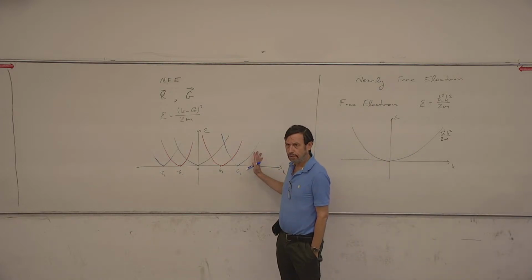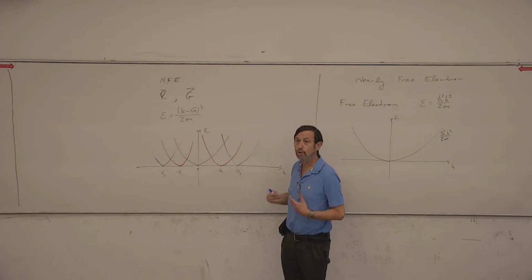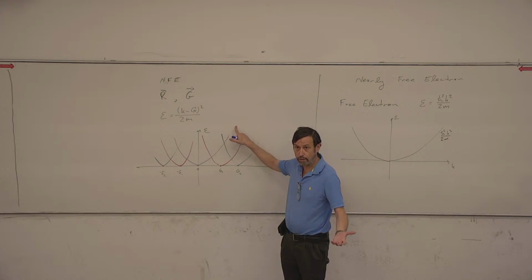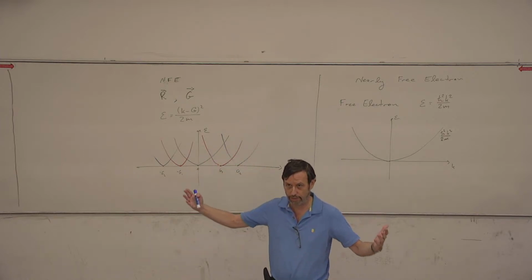Okay, first of all, looking at it I see that I have too many points. On one parabola I have whatever number of points that I have. Think about K in periodic boundary conditions.